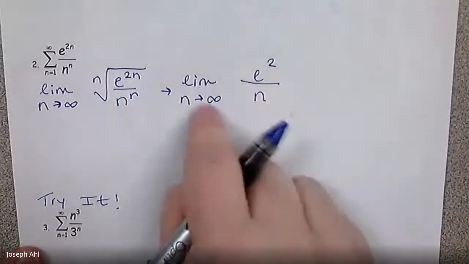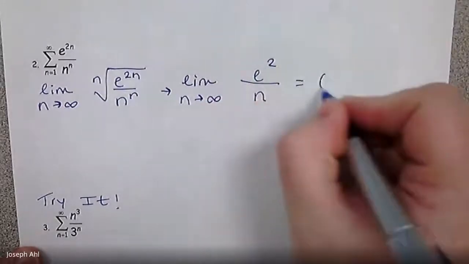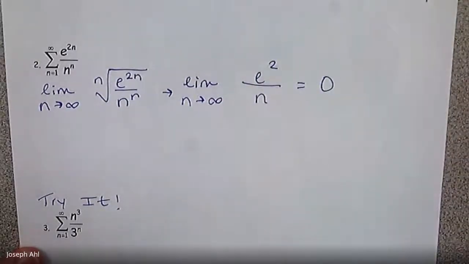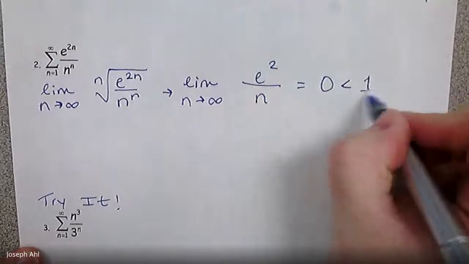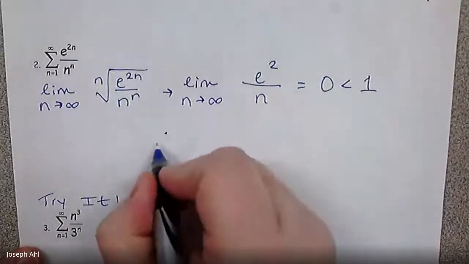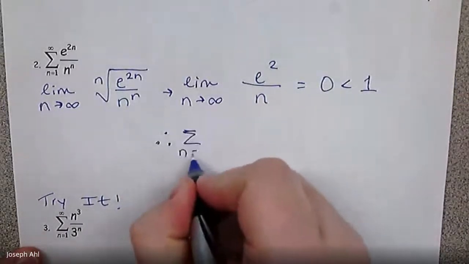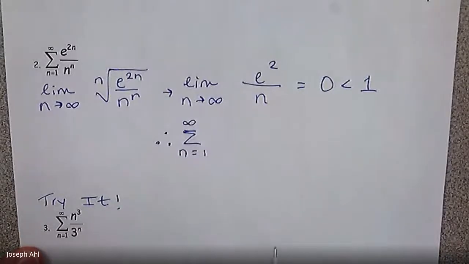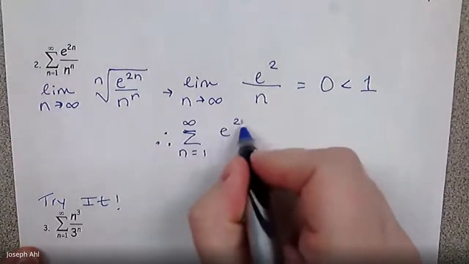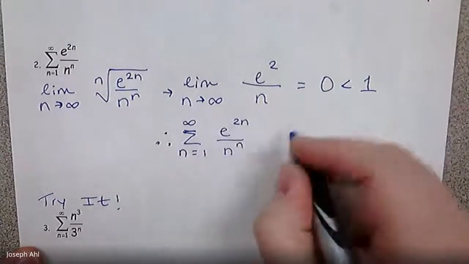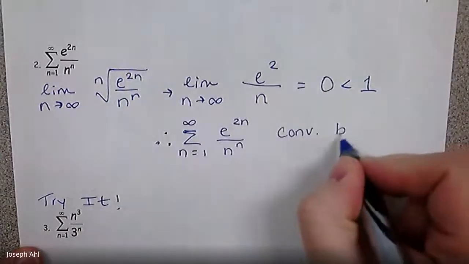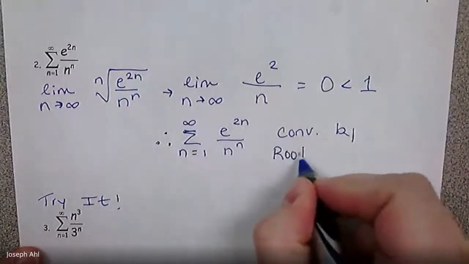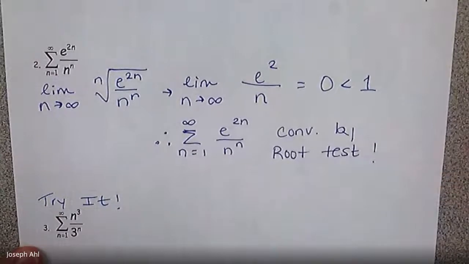So that constant over n as n goes to infinity is going to 0 again. So 0 is still less than 1. Therefore, we know that the original series is going to converge by the root test. Okay, root test goes pretty quickly here.